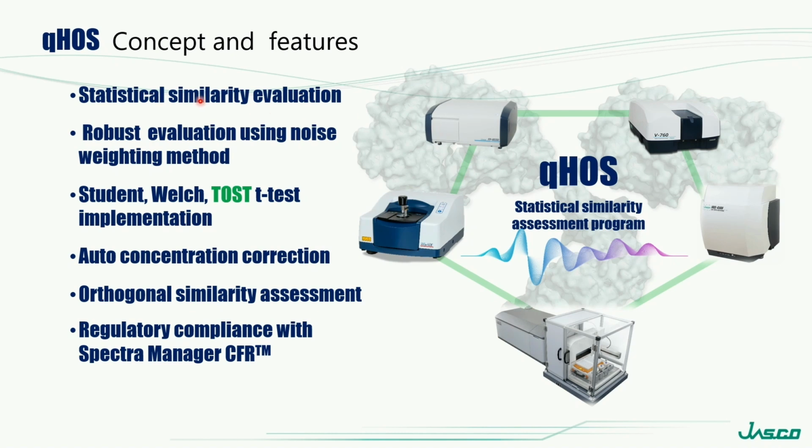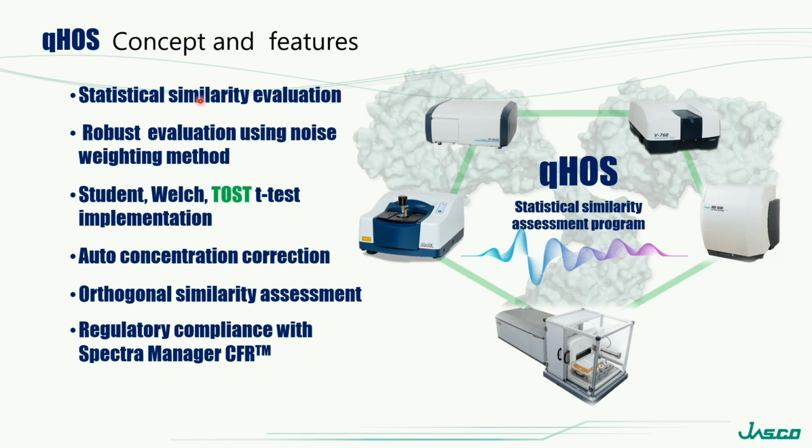qHOS can statistically determine the significant differences between two spectra, considering the various error factors, including spectrum noise and sample preparation error, and so on. For the statistical testing, the most popular Student's t-test and Welch's t-test are implemented for judgment of significant differences.